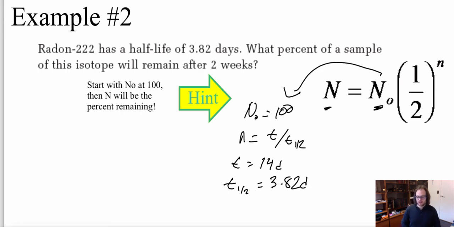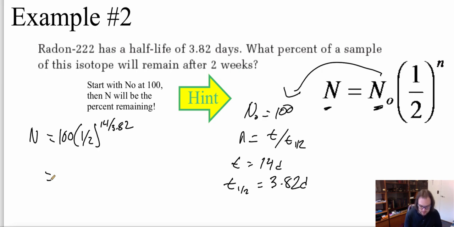So now let's do my substitution, which will give me N is equal to 100 times 1/2 to the power of 14 over 3.82. Now when I calculate that, I'm going to end up getting 7.9, which is 7.9%.